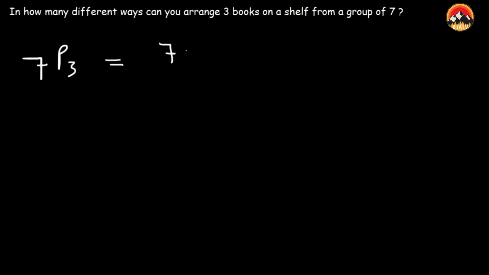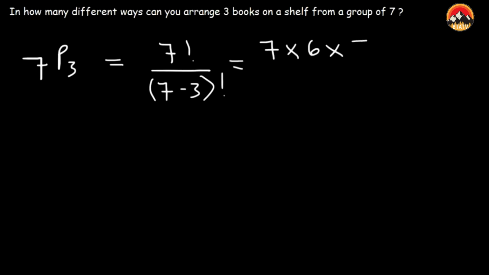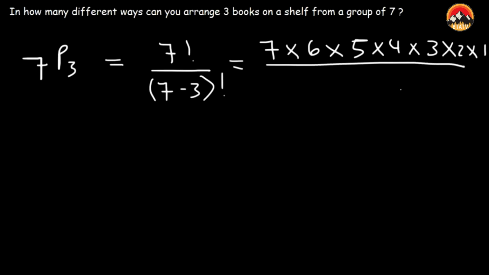So this is going to be 7 factorial divided by the difference between 7 and 3, factorial. 7 factorial is 7 times 6 times 5 times 4 times 3 times 2 times 1. 7 minus 3 is 4, and 4 factorial is 4 times 3 times 2 times 1.